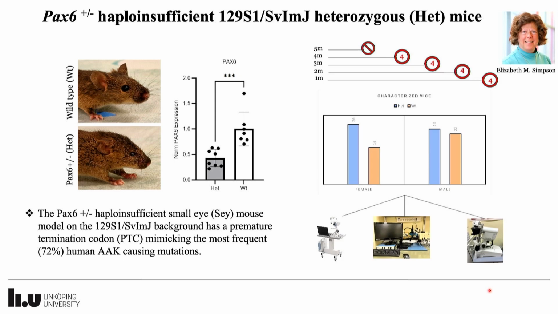Here we performed a deep phenotype characterization of the dynamics of AAK development in this mouse model to validate its suitability to mimic the human AAK and also to unlock the inaccessible therapeutic window for investigating the AAK therapies.